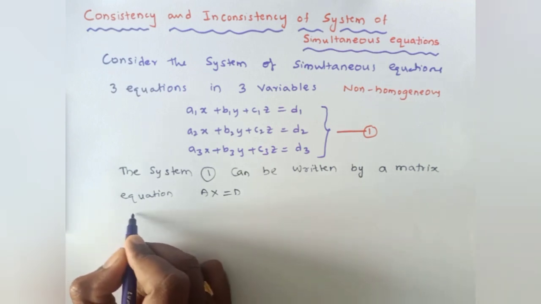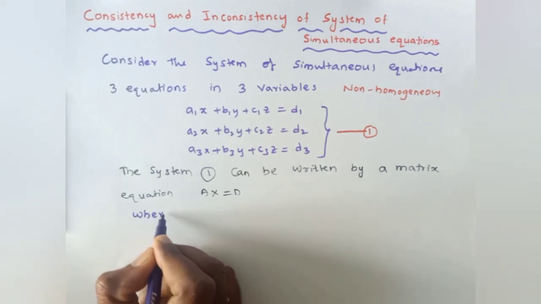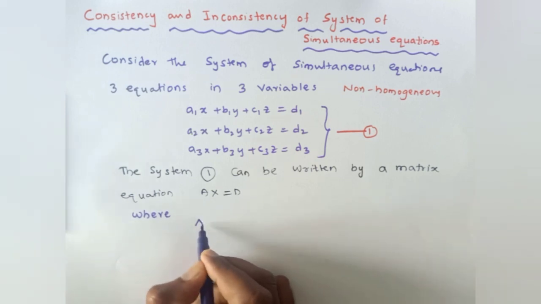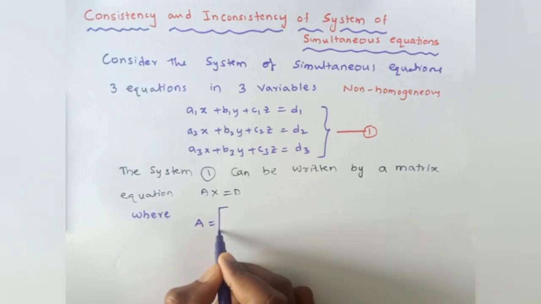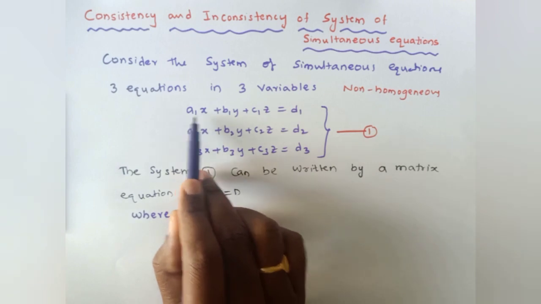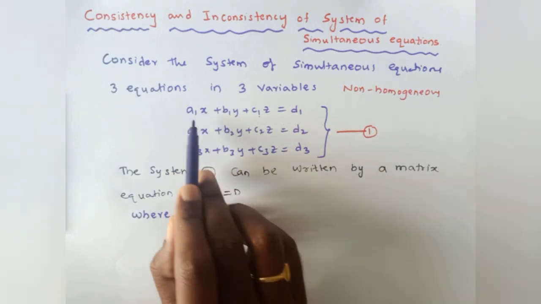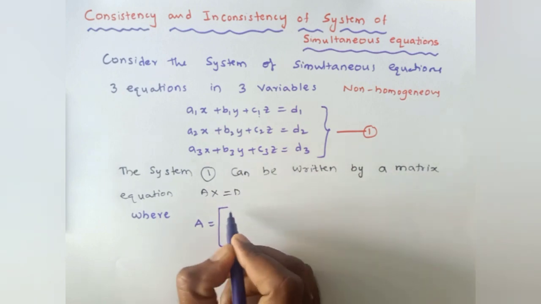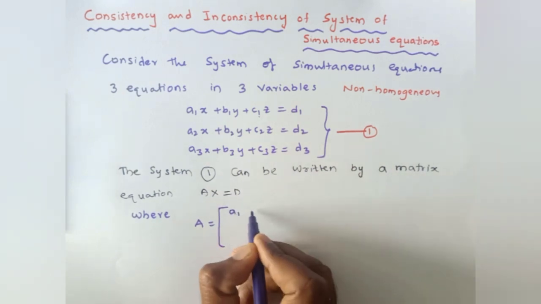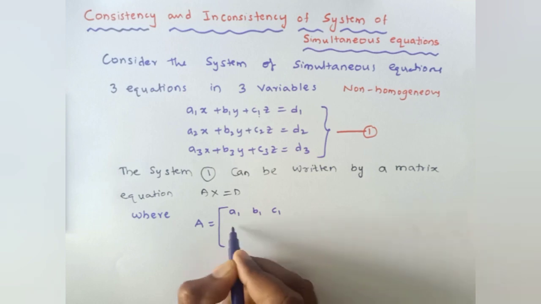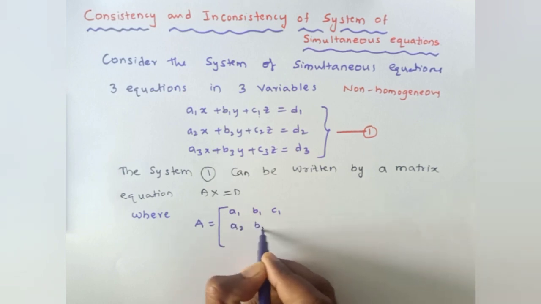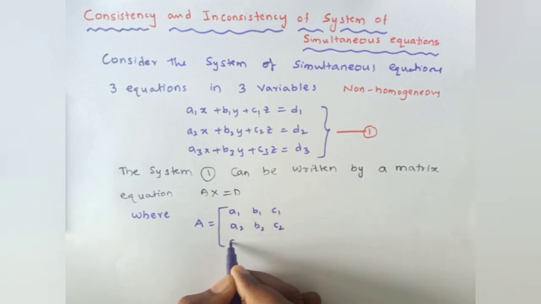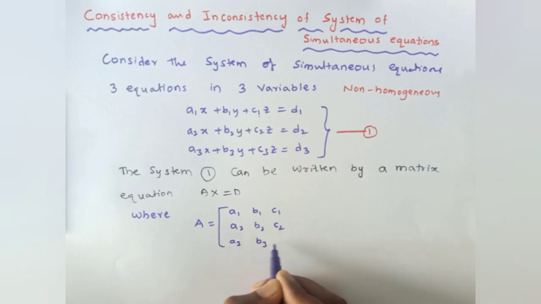Where A, what is A? There are some constant values in the equation: a1 b1 c1, a2 b2 c2 and a3 b3 c3. So we can write this A as the matrix of a1 b1 c1, a2 b2 c2 and a3 b3 c3.